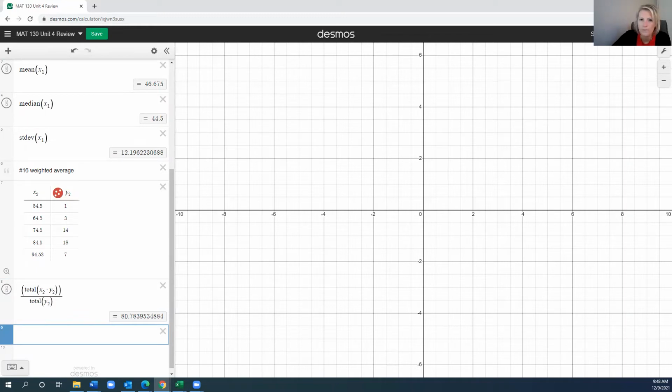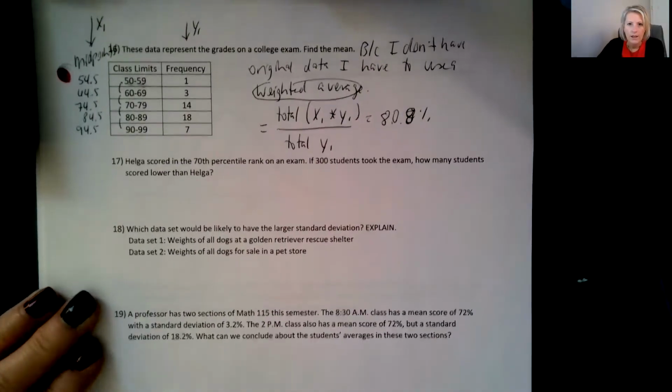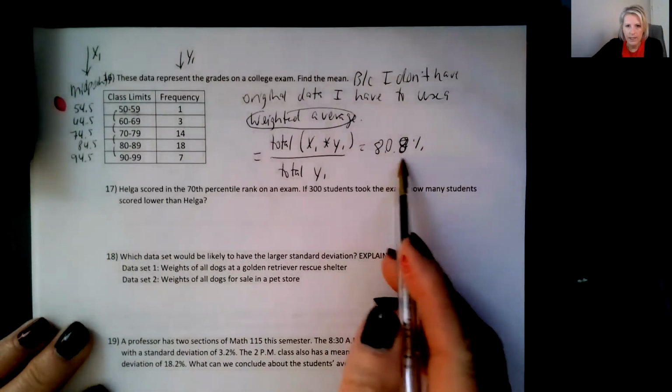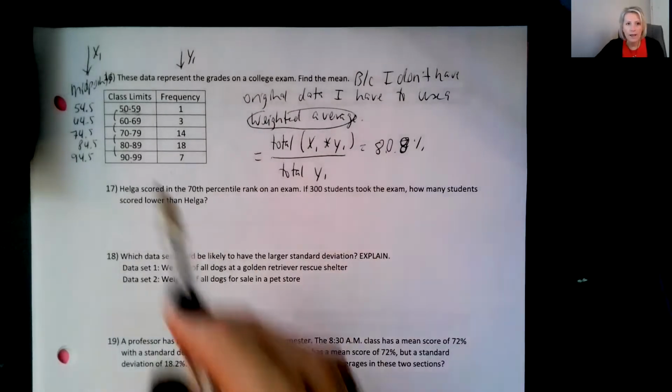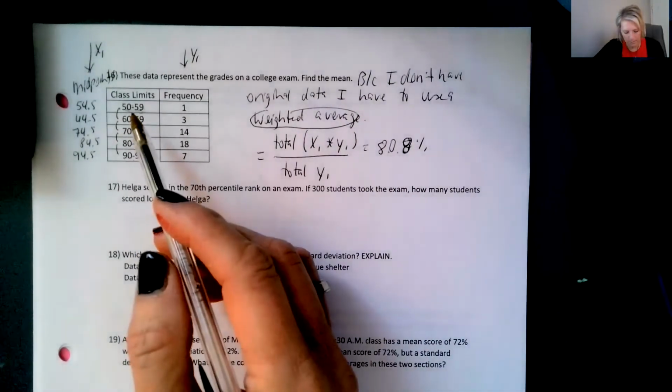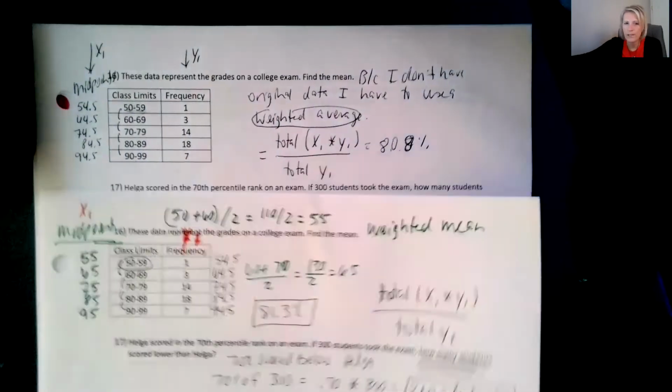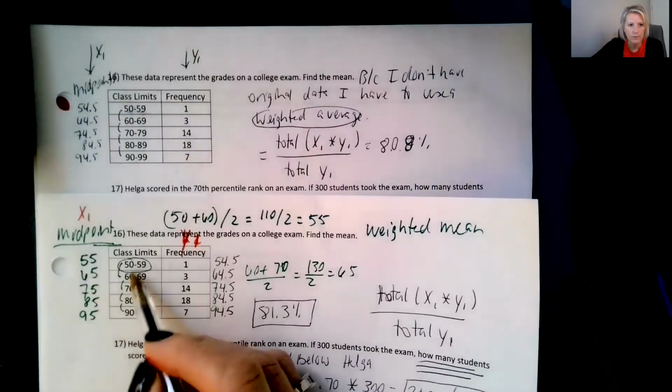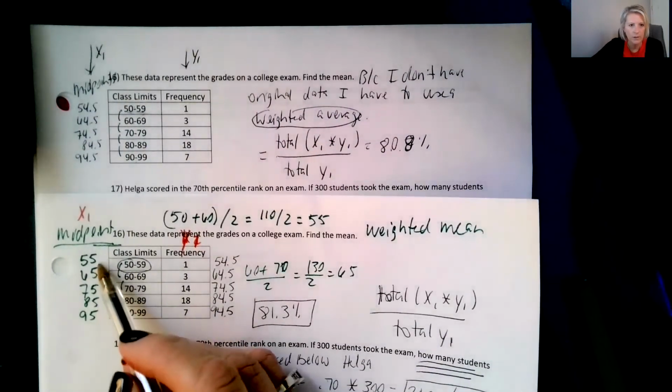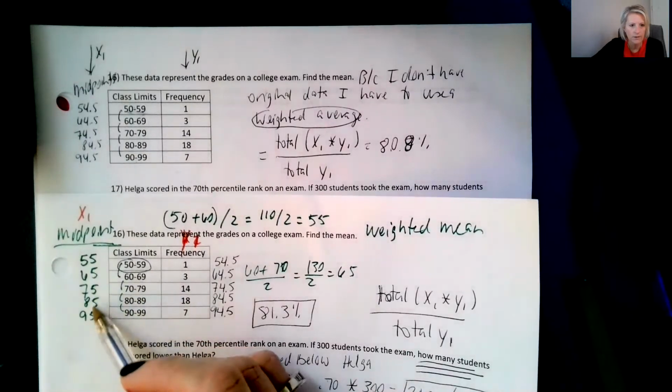I would like to show you my paper here for a moment. This is where I got 80.8%. Now, had I done my midpoints the way I mentioned earlier, the 50 plus 60 divided by 2, I would have come up with 55, 65, 75, 85, 95.